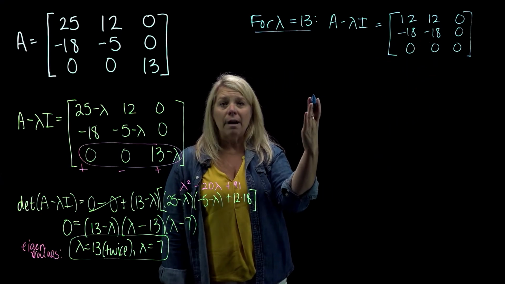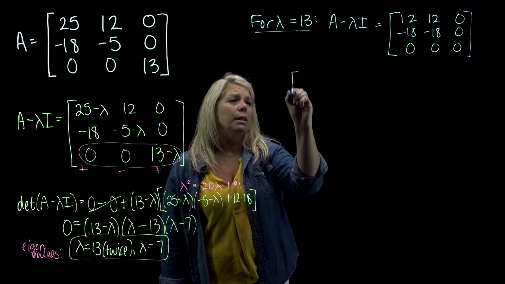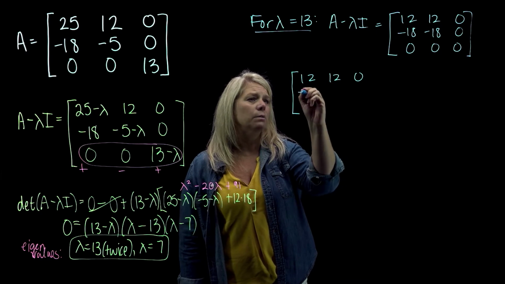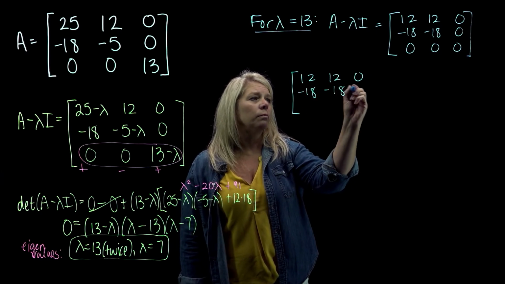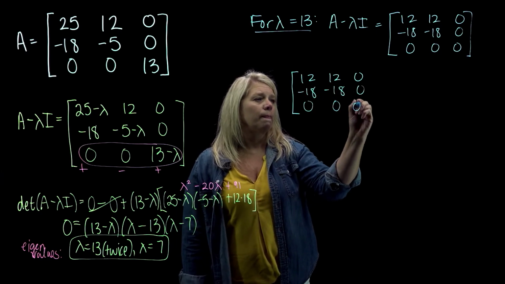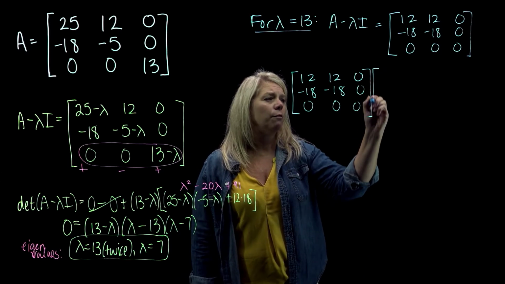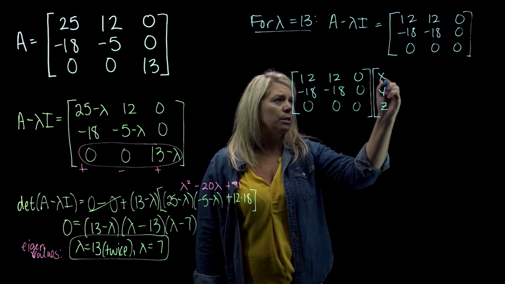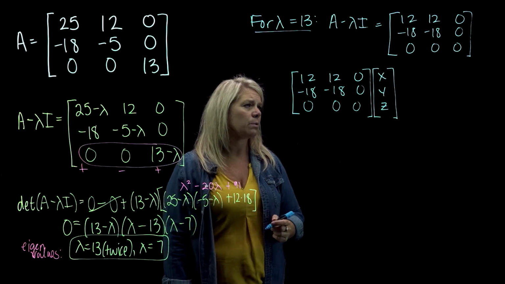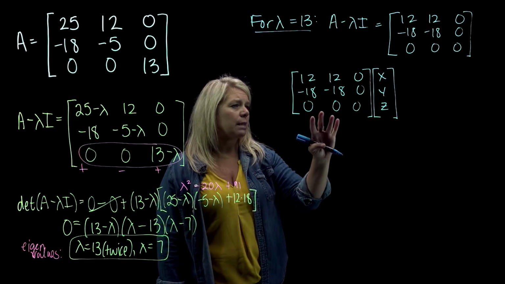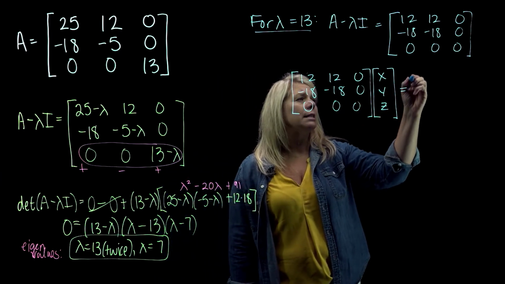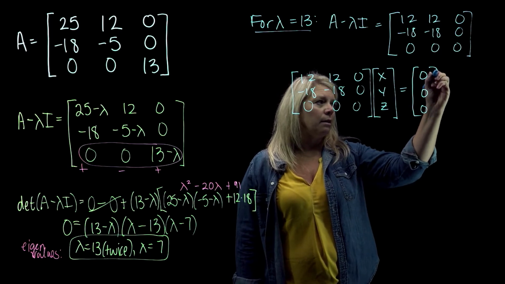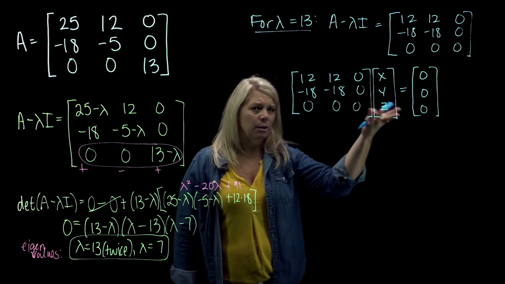You don't always have to write this step out, but because we've just started with eigenvalues and eigenvectors, I'm going to go ahead and write it out for this one. So I just put 3 unknowns in there, x, y, z, so that when I multiply this matrix by that vector, I get the 0 vector. That's what it means to be in the null space.